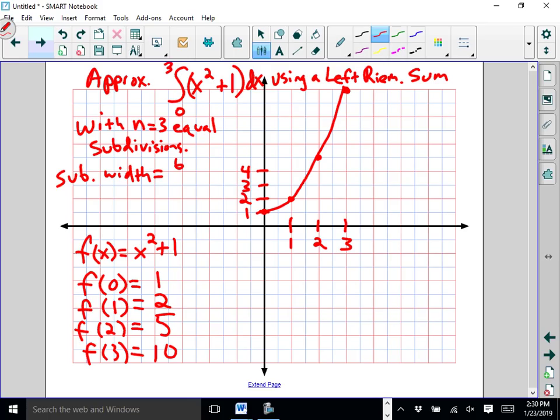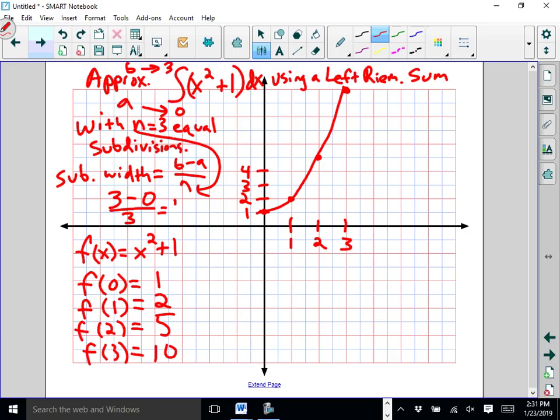Okay? So I know my n is 3. My b and a are up here. This is a, this is b. So to figure out how wide each one needs to be, I do b, which is 3, minus a, which is 0, over 3. And I know that all my subdivisions are a width of 1.